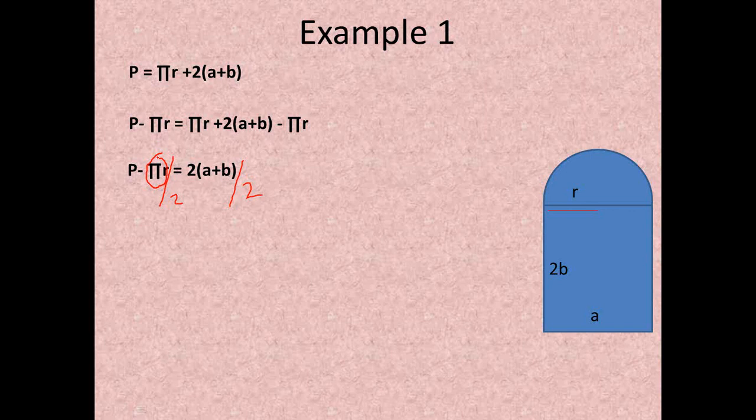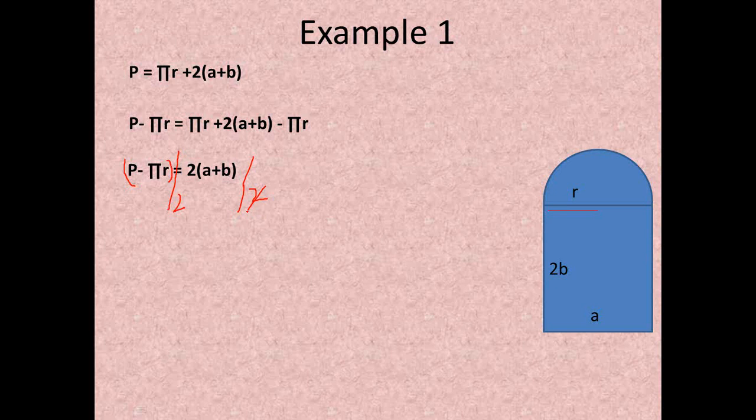This is wrong. So you have to understand, that's why when you substitute the value, you will end up making a mistake. You have to remember that if you need to divide that way, you have to put all this in brackets. The whole expression is divided by 2. And this also, the whole expression is divided by 2.